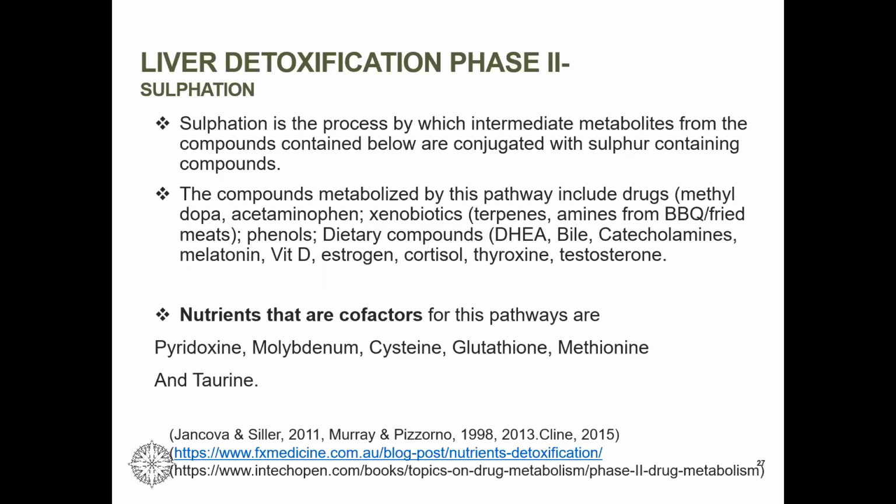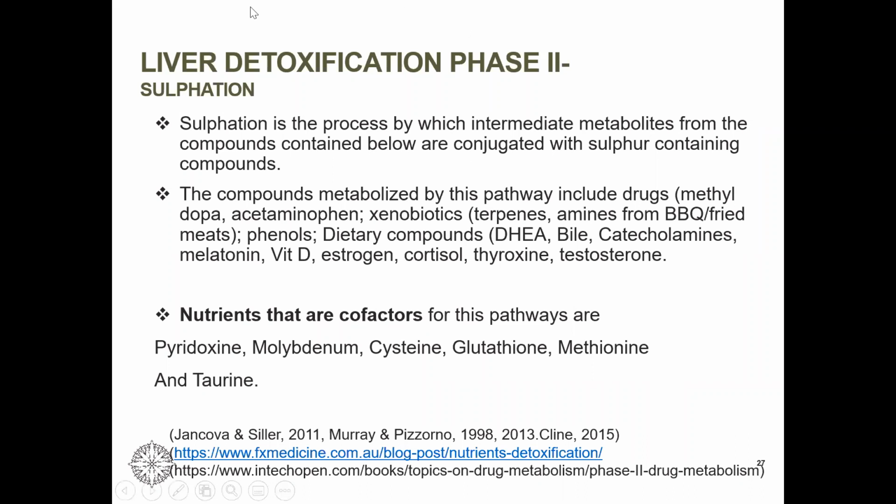Now again, various nutrients are required for each one. I don't expect that you remember all of them in detail, but remember what they are doing. What is the main functional compound in each pathway?